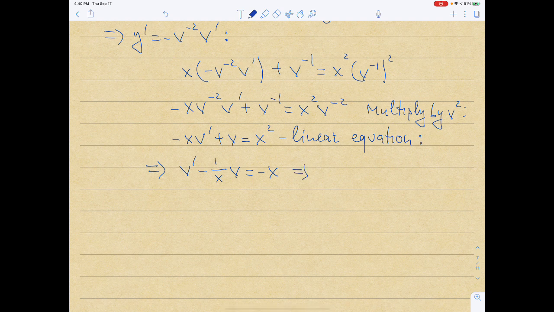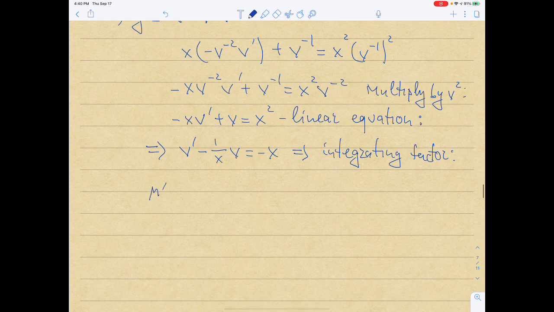So the integrating factor is going to be mu of x equal to e to the power integral of minus 1 over x dx.